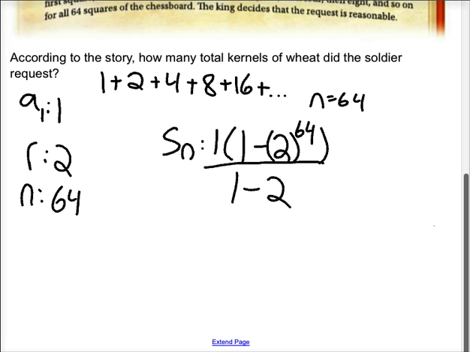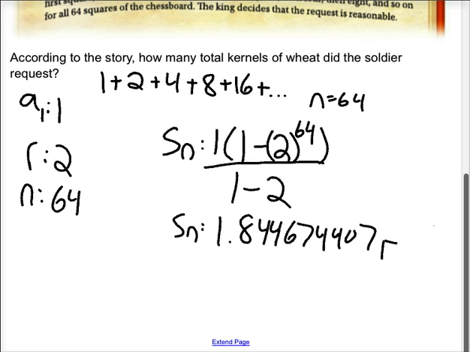Now when you try to do this on the calculator, you're going to get some nonsense like this. It's going to tell you the sum is 1.8446744407 e to the 19.